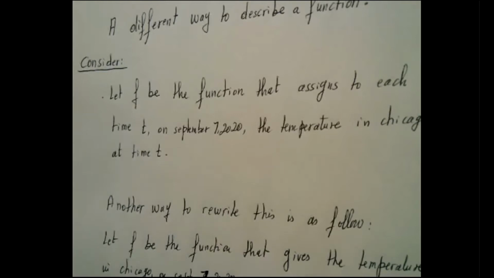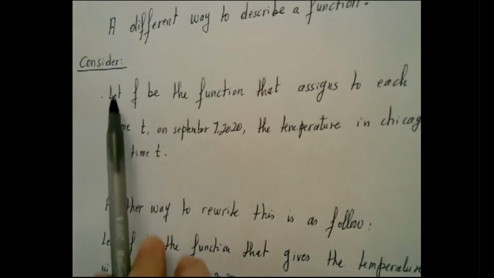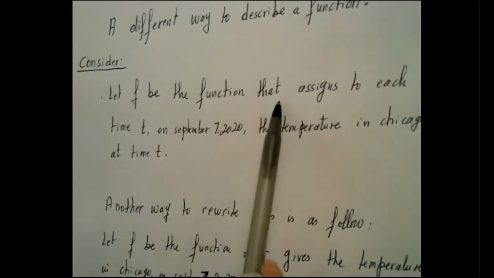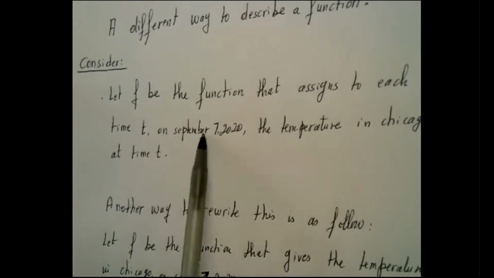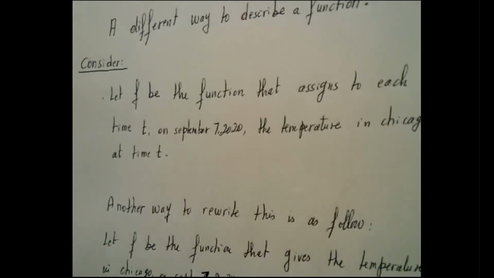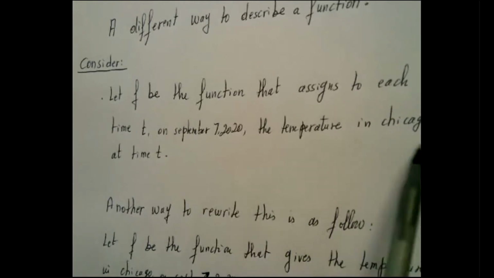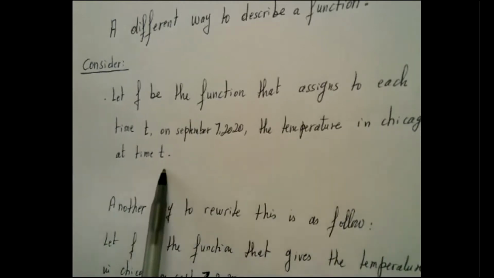The way in this book we've been talking about a function is as a rule. Let's say this. Let f be the function that assigns to each time t, let us say on September 7, yesterday, the temperature in Chicago at time t.